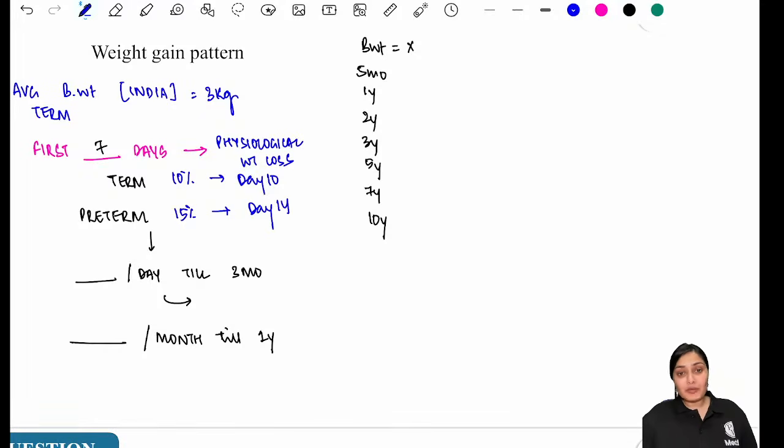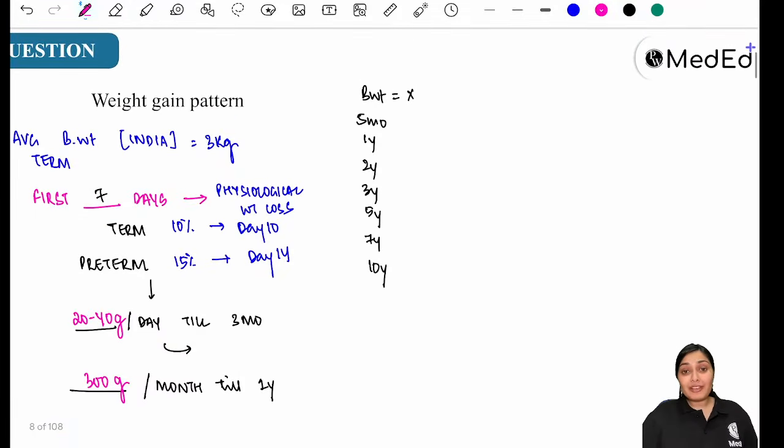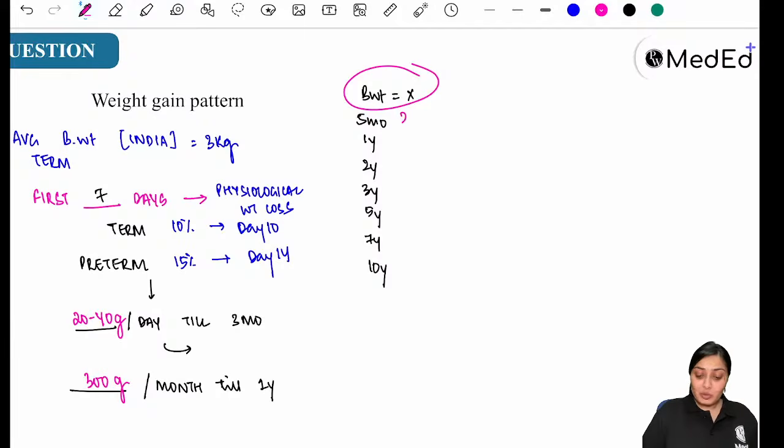After that, there is increase in the weight. Initially, every day, the infant can gain 20 to 40 grams per day till 3 months of age, and thereafter 300 grams per month till 1 year of age, right? And to simplify the concept, we have a ready reckoner. Say birth weight is X, then by 5 months it becomes double, so it becomes 2X.